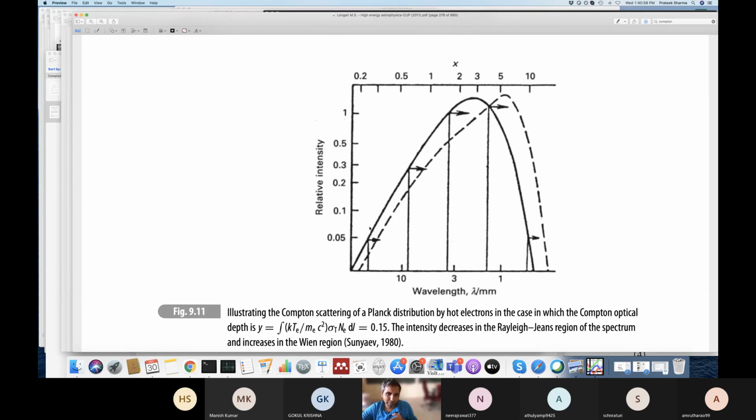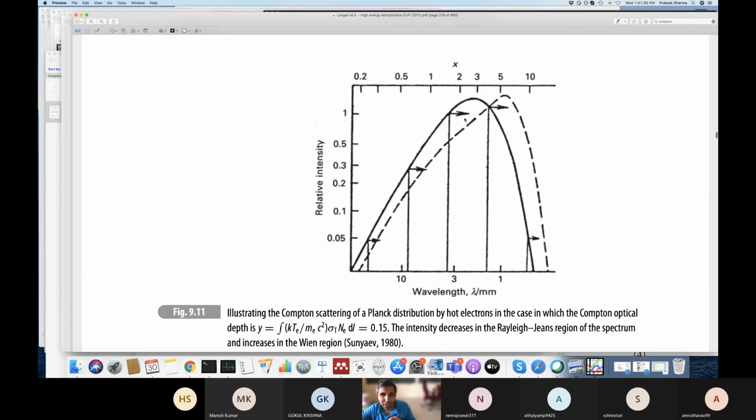The solid black line is the CMB spectrum, and 10 to the minus 4 or 10 to the minus 3 of these photons get a positive kick in energy, which corresponds to wavelength becoming smaller. So wavelength decreases along the right here. This is your scattered spectrum.